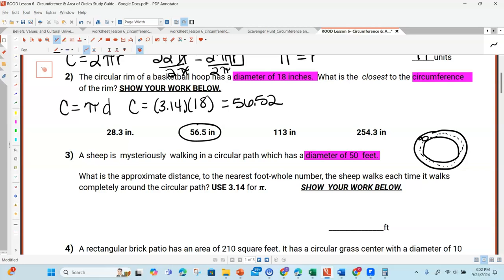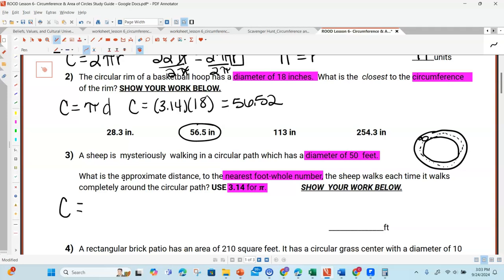What is the approximate distance to the nearest whole foot? We're going to round the answer to the nearest whole number. The sheep walks each time it walks completely around the circular path. Use 3.14 for pi.